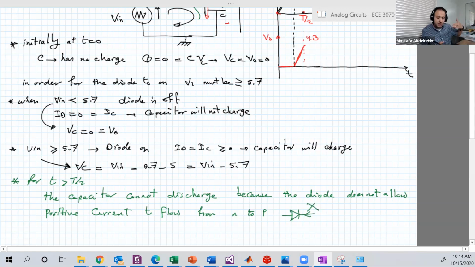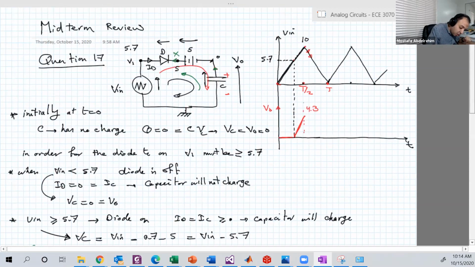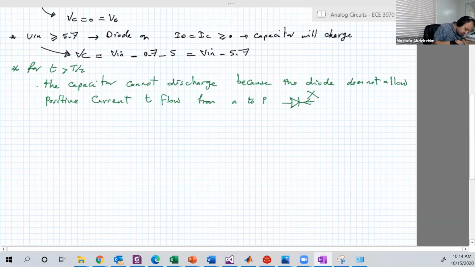And if you remember, if you go back, we said that after t over 2, whatever the value of V input, even at the maximum value, the diode will be off. Another explanation for that, you can go with this or you can go with this, they are both the same.